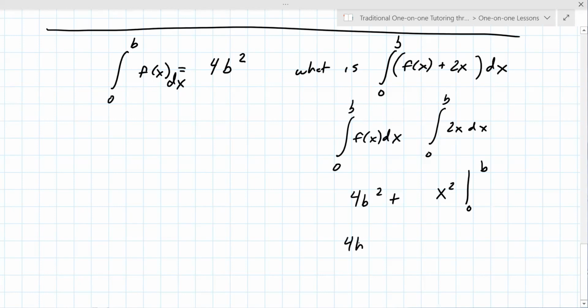So 5b squared? Yes. Okay. Yep. Here's another good one for us to look at.